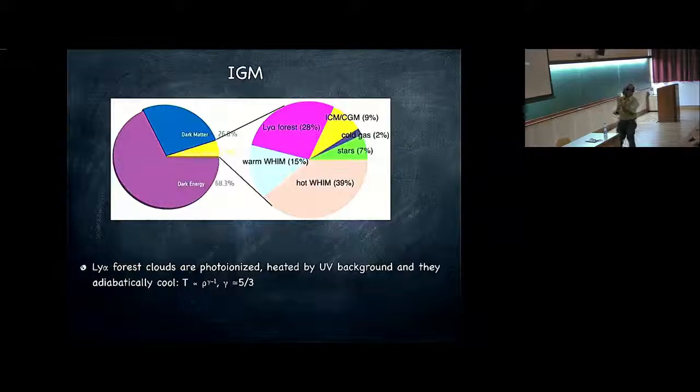Now, I'll stop with the CGM and turn to the IGM. About 30% of it is in the form of the Lyman alpha forest. It is photoionized, heated by the UV background, and adiabatically cools. The expected equation of state is a balance between photoheating and adiabatic cooling.